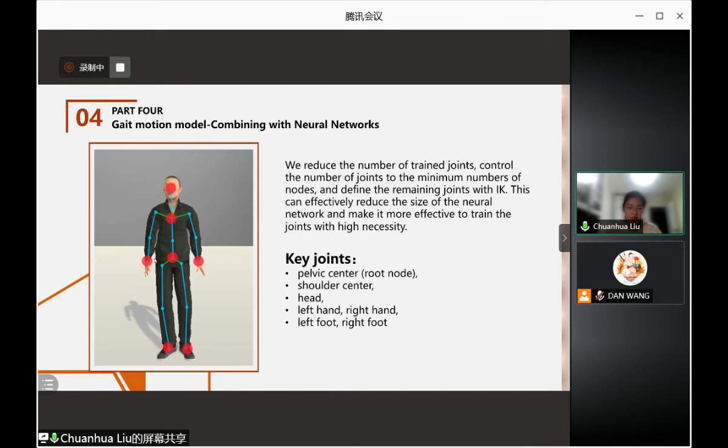Like the picture of these seven key joints: the center is the root node, the shoulder center, the head, the left hand and right hand, left foot and right foot. These seven key joints. And the other joints, these blue ones, we handle with IK. It can effectively reduce the size of the neural network and make it more effective to train the joints with high necessity.